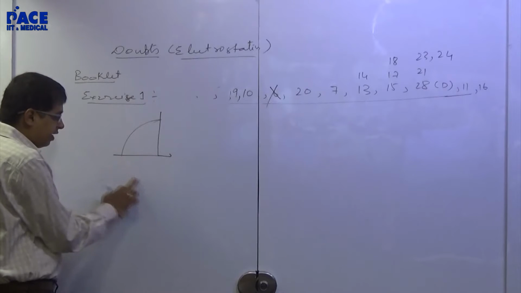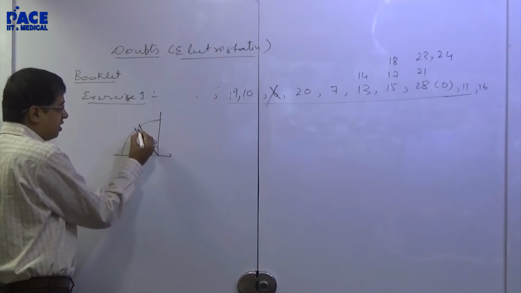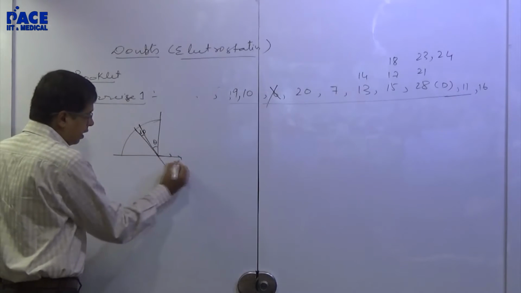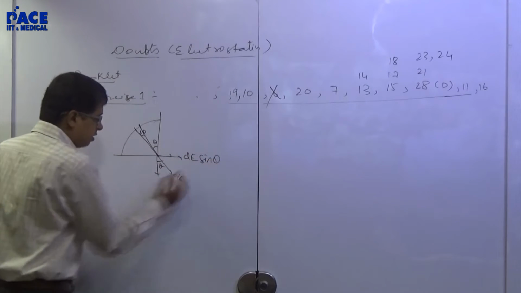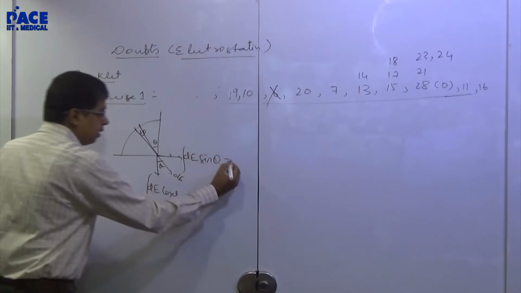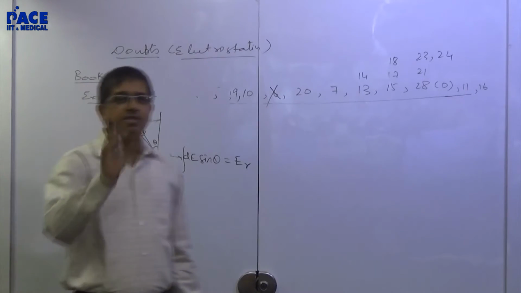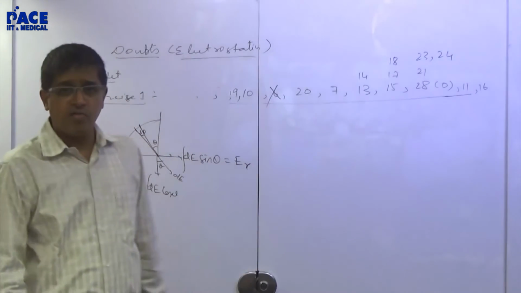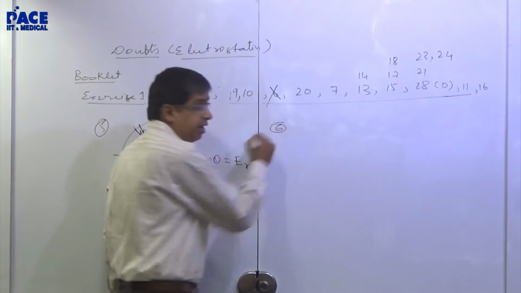For a quadrant, it is the same logic. Consider an element. This is theta. This will be d theta. I will have dE this way. This will be dE sin theta, and this will be dE cos theta. You integrate them, you will get Ex and Ey. Now you can take the resultant of the four quadrants. Yes or no? All of you.